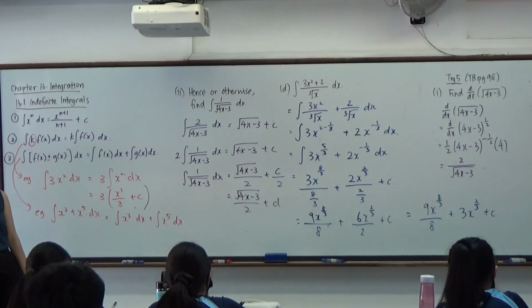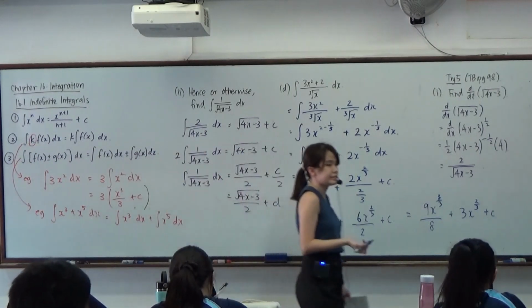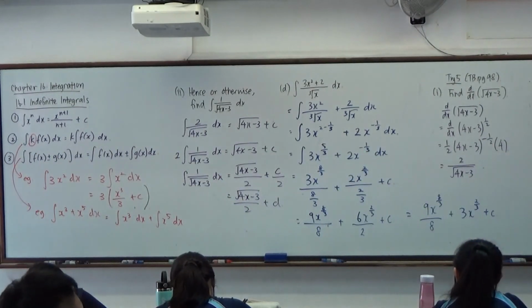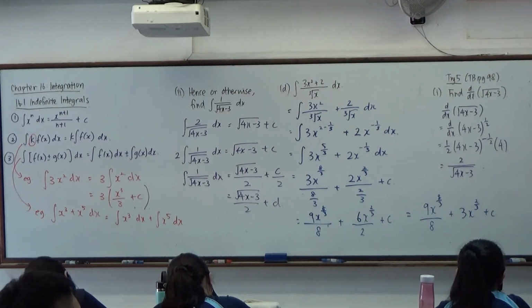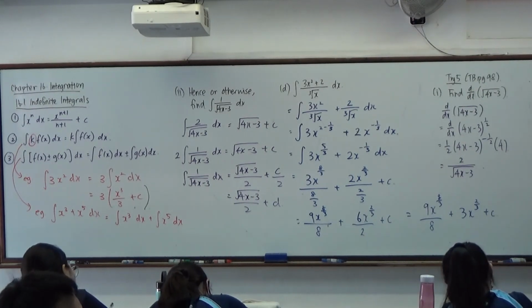Our constant itself, you don't need to use c all the time. We can use c, d, or a, b also. Don't ask me why it's always c, probably because we know it's a constant, and constant starts with the letter c.